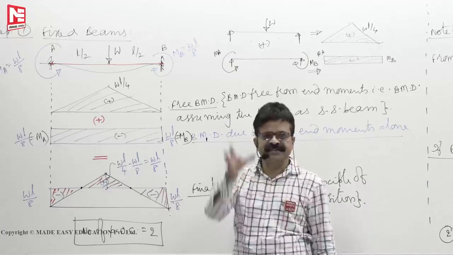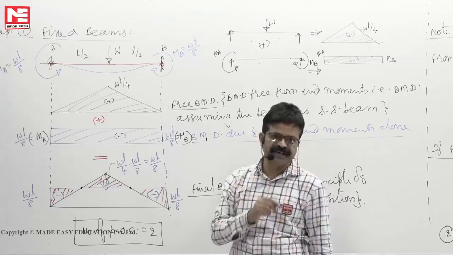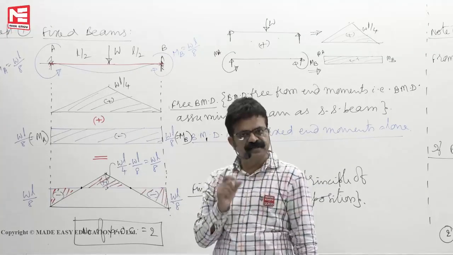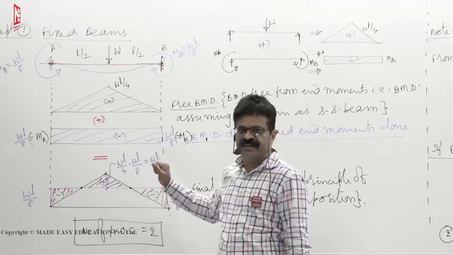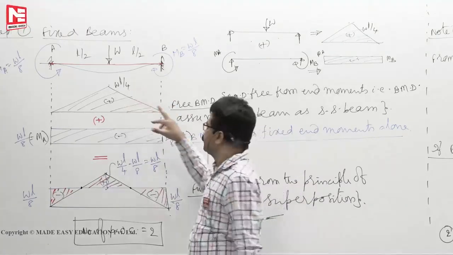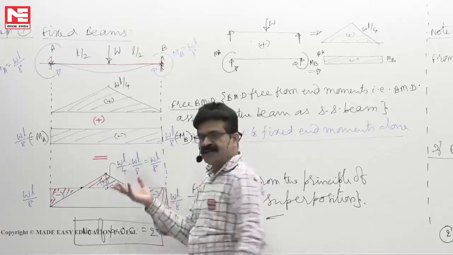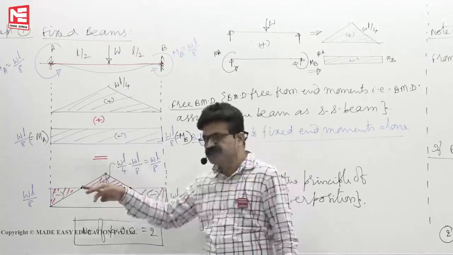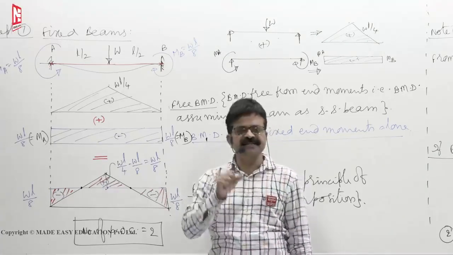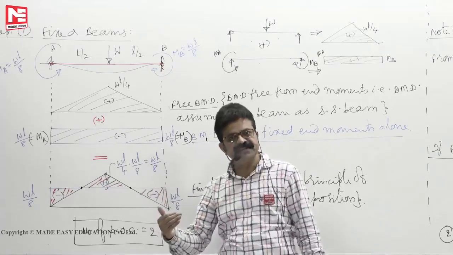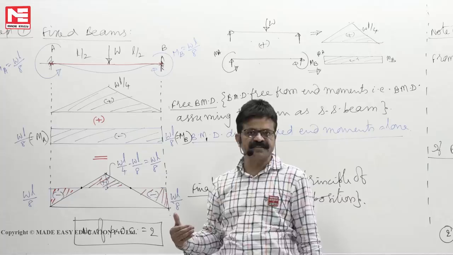In plastic analysis, I will explain in detail; we'll spend around 20 hours on plastic analysis of beams and frames. Now we are in elastic analysis. In plastic analysis, why do you require these magnitudes? Where the bending moment is maximum, the first plastic hinge will develop, then at a slightly lesser value the second plastic hinge, then the third, like that.